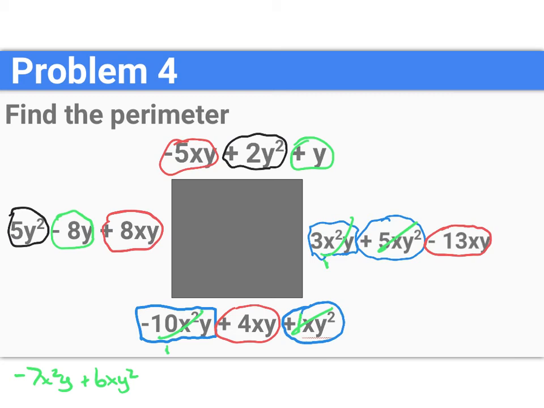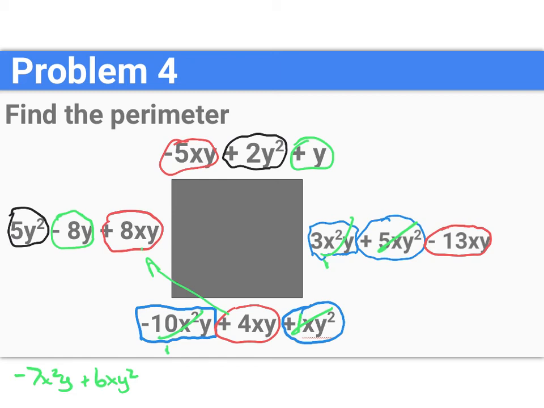Our xy's comes next because x is before y in the alphabet. So we got 4xy minus 5xy is negative 1xy. Oh, wait, let's go this way. 4xy plus 8xy is 12xy. Negative 5 minus 13 is negative 18.